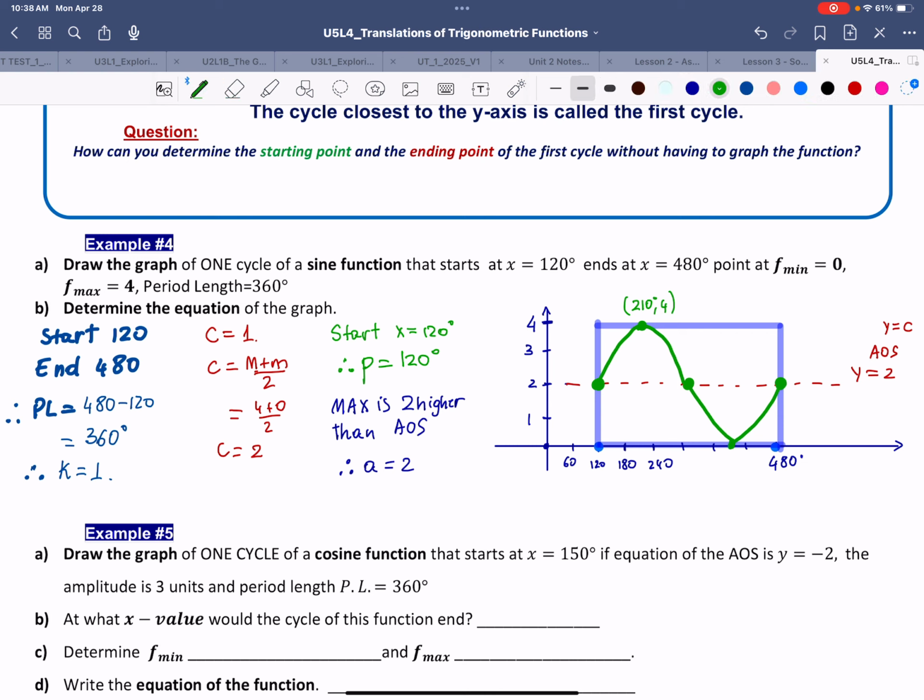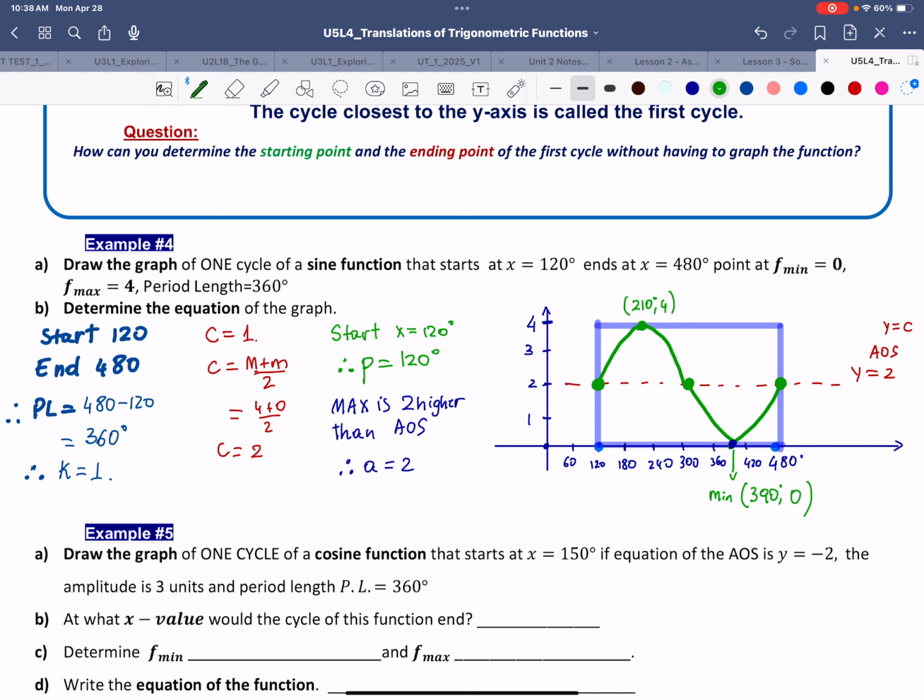And you see that if you keep on scaling, this is going to be 300 degrees. So this is going to be 420. And this is going to be 360. So what that means is that right here at the minimum, we are at 390 degrees. So the minimum will be at 390 and 0. And this would be the graph of this function.